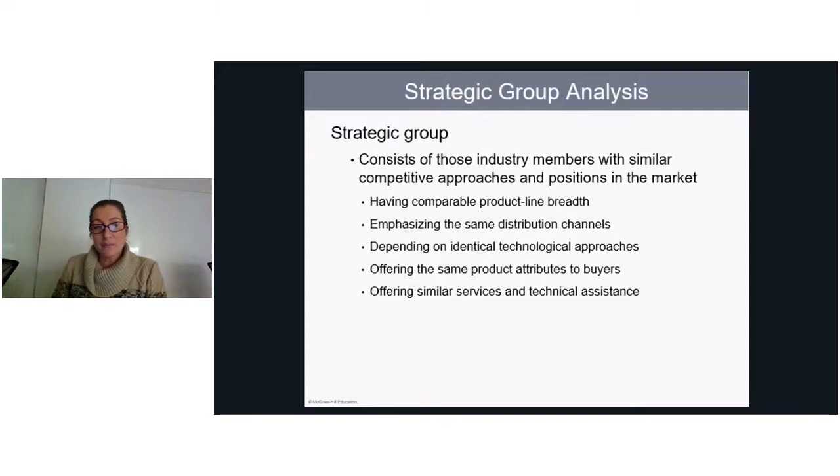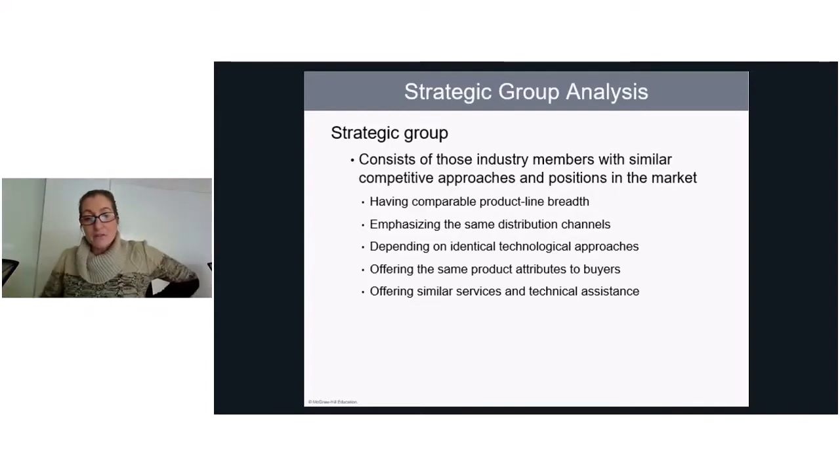What are their technological approaches? Are they offering the same product attributes to buyers, or is the industry highly differentiated? Most times the answer is no, it's not. But then that's room for competitive advantage if that's the case.